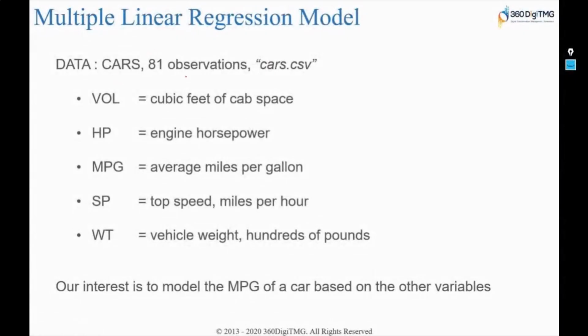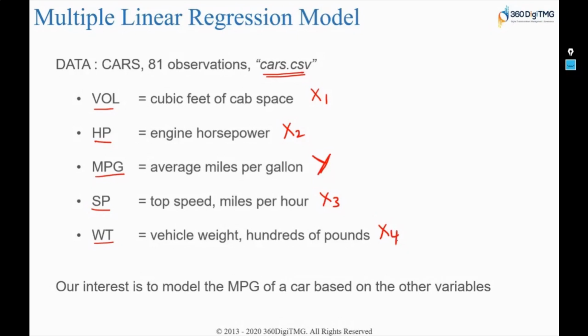This is a problem that we will try to solve. We have a dataset called cars. In this cars dataset, you have volume, horsepower, mileage, top speed, and weight of vehicles. Mileage is your output variable. Volume is one input, and horsepower, top speed, and weight are the others.